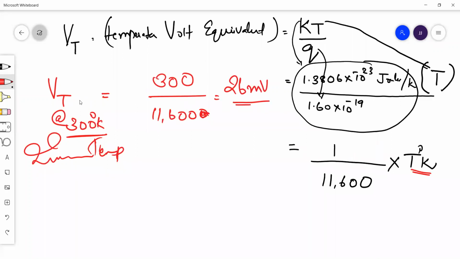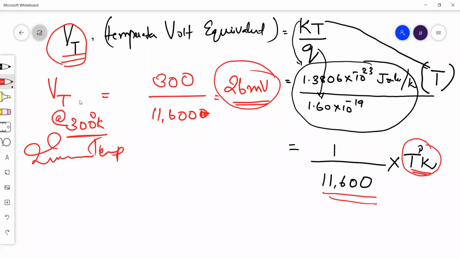We used this representation in earlier topics also. This is the actual concept of the temperature volt equivalent, or V suffix T. The value is temperature in Kelvin divided by 11,600, and if the temperature is room temperature or 300 Kelvin, 300 divided by 11,600 gives 26 millivolt. That is the relevance of the temperature volt equivalent, V suffix T.